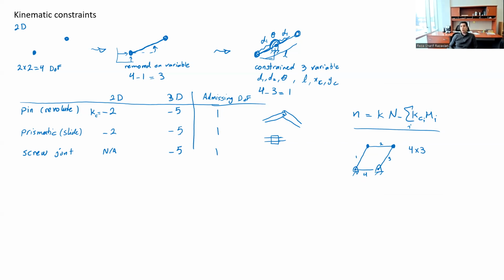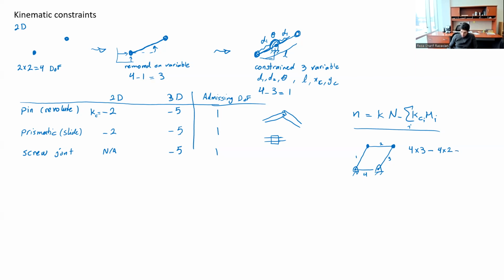That is the total degrees of freedom if all of them were floating in space. Now let's add the joints. For bodies number 1, 2, and 3, I have pin joints. I have 1, 2, 3, 4 pin joints, and each one of them subtracts 2 degrees of freedom from the system.